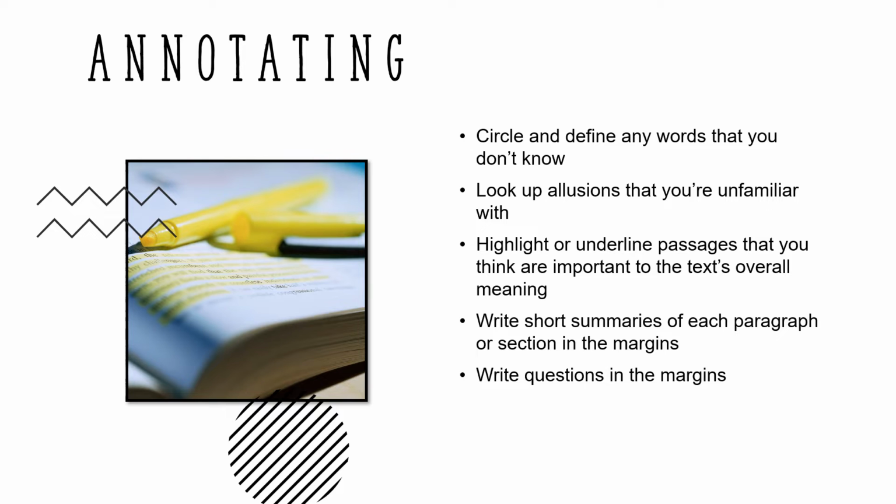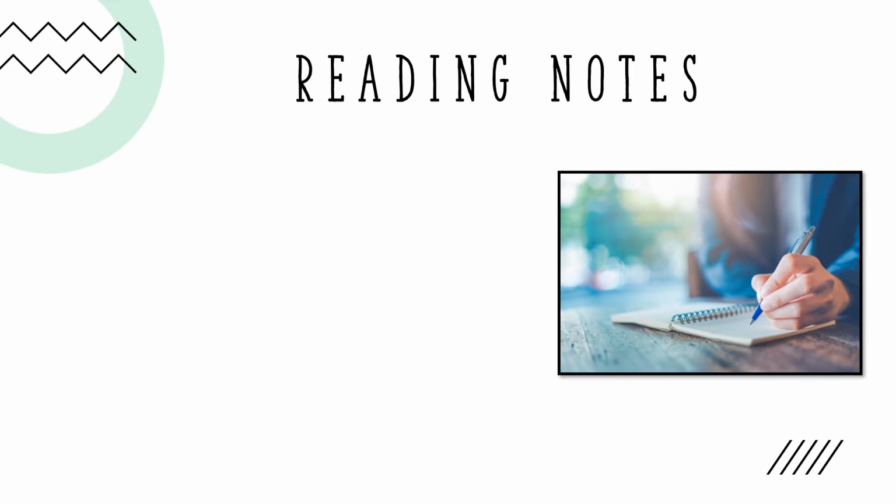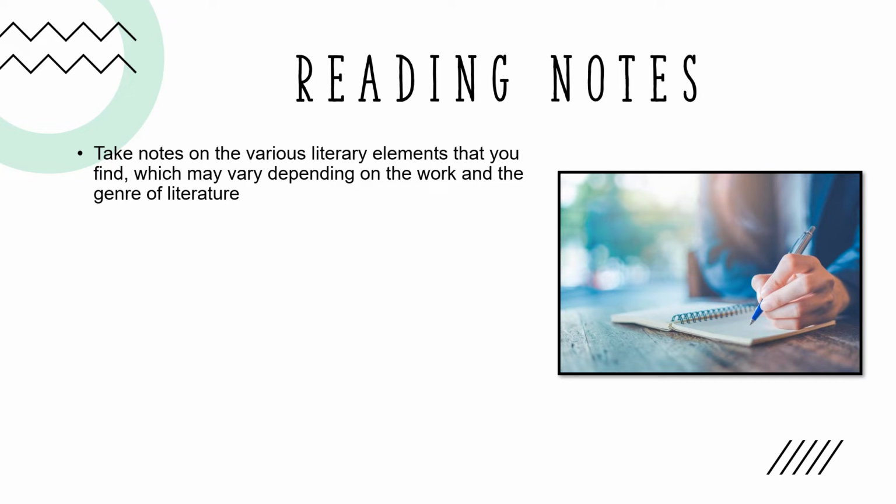answer them later. In addition to annotating the text, you should also take notes on the various literary elements that you find, which may vary depending on the work and genre of literature that you're reading.